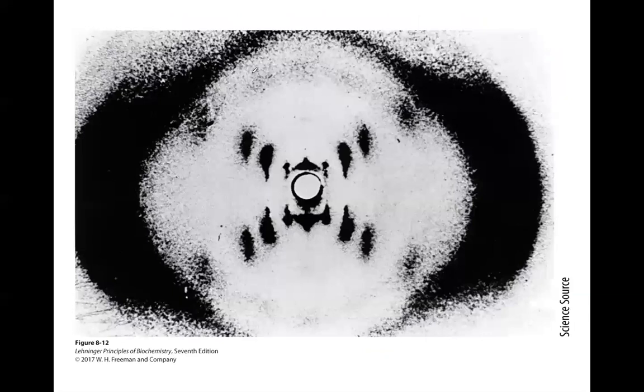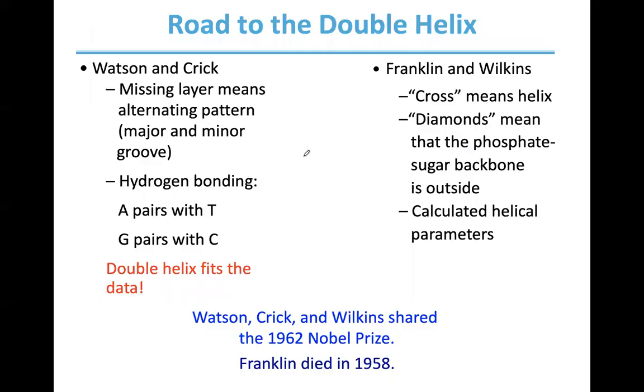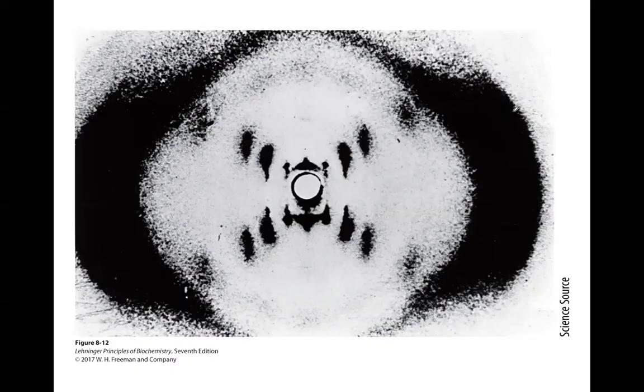Now, it doesn't tell us very much, because there are specific signs that crystallographers or X-ray people look for. For example, the cross means helix. The dark black areas indicate the repetitive nucleic bases.